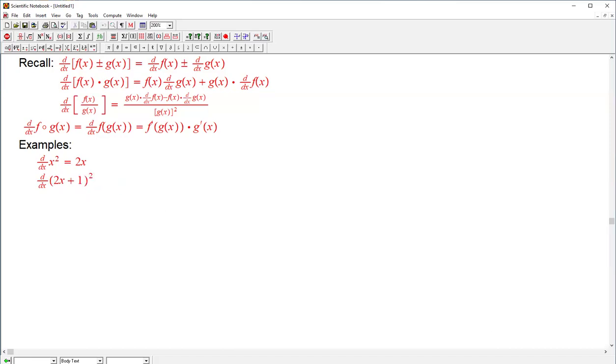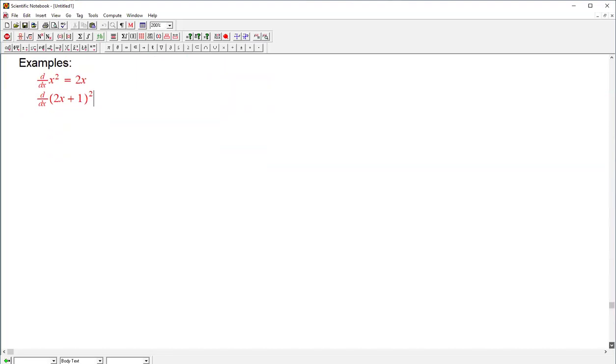Of course we know that you can differentiate it another way, but if we differentiate it with the chain rule, we're going to see 2x plus 1 squared as the composition of two functions. Let me write it down. It is seen as a composition of two functions.